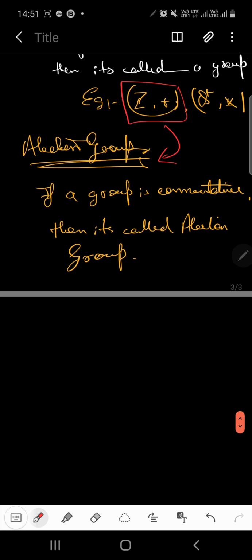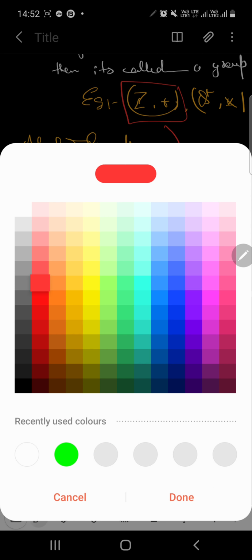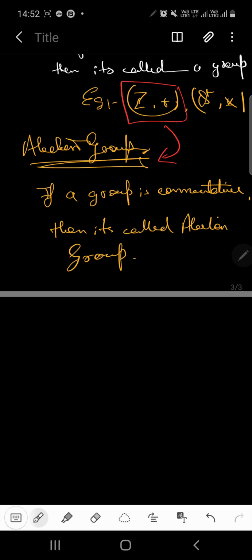Next we move on to the next topic, which is a pretty short topic, that is finite and infinite group.